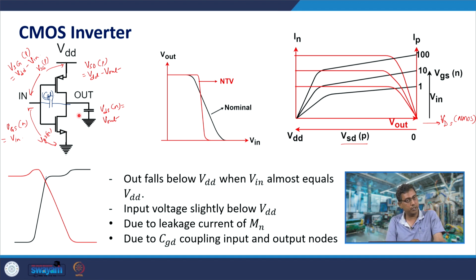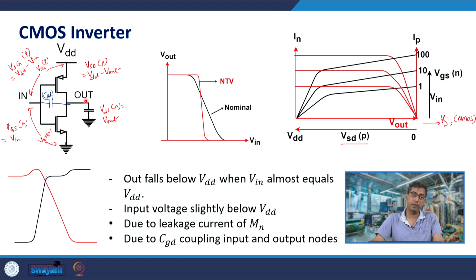That would discharge the output capacitance, but it would increase the VSD of the P MOSFET and reduce the VDS of the N MOSFET. So, the N MOSFET current keeps reducing, the P MOSFET current keeps increasing, they would again match each other, and once they match, the output capacitance is neither charged nor discharged.